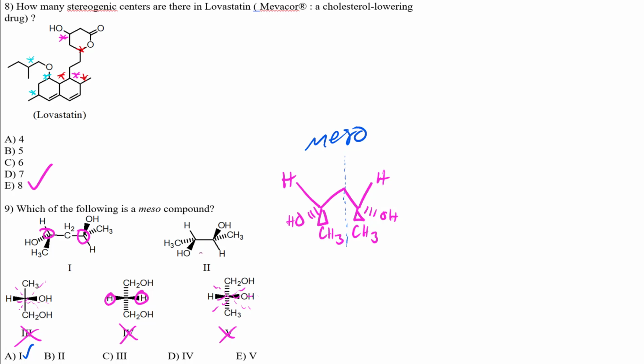And so you're going to have a wedge alcohol compared to a hash alcohol. And so that is not symmetrical. You cannot compare wedge and hash, right? So hash and wedge, they're different. They're not symmetrical. That would still be chiral. And so we're looking for meso. A would be correct. And just remember that trick, right?